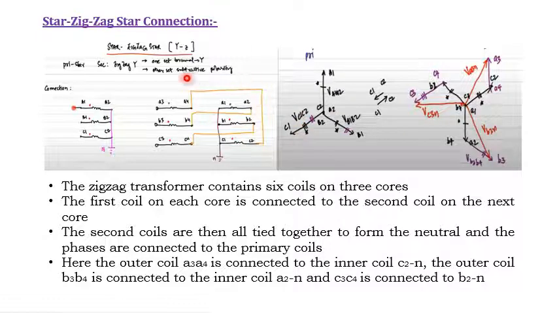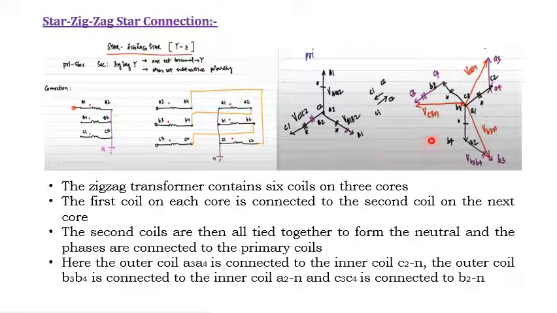And the phasor diagram at the secondary side can be drawn here. First I will draw the phasors of this star connected combination. This star connected combination, again I draw as A1, A2, B1, B2, C1, C2 phasors at 120-degree phase shift, because this is star connected.